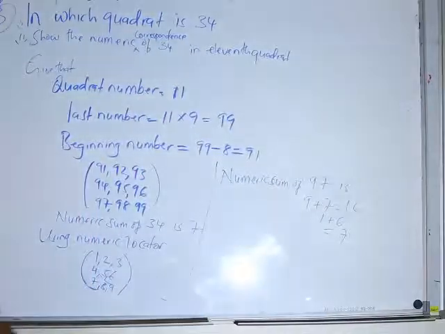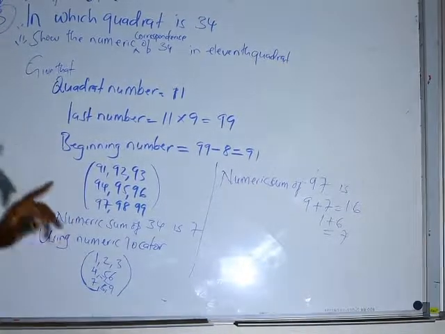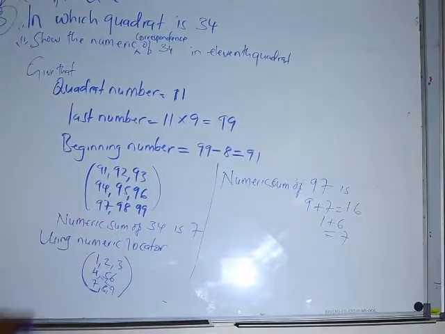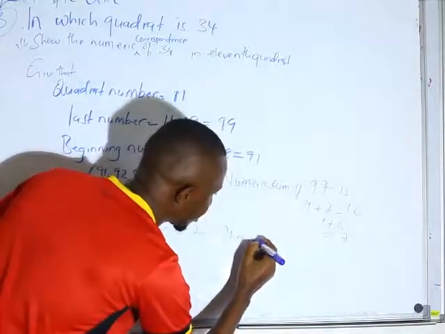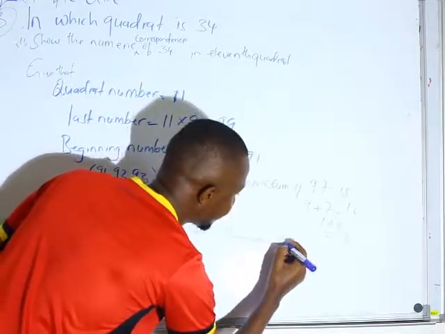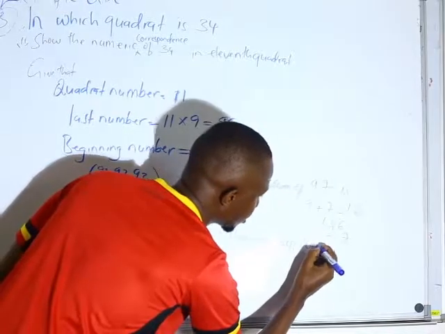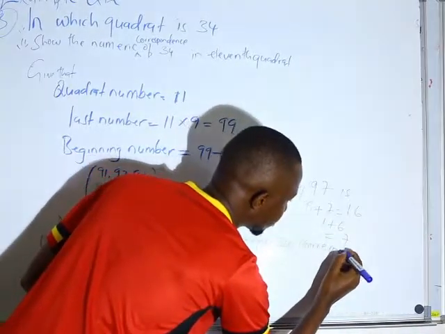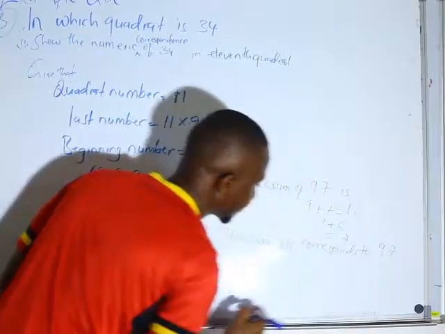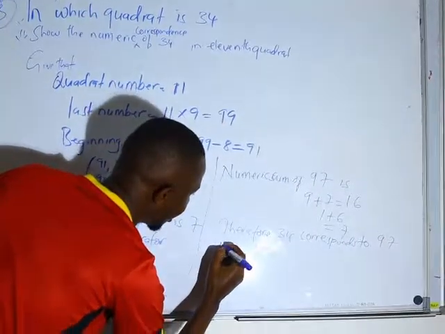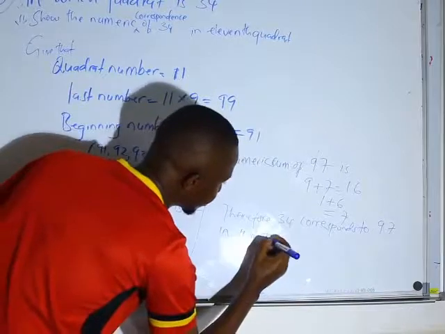That is why 34 corresponds to 97. Therefore, 34 corresponds to 97 in the 11th quadrant.